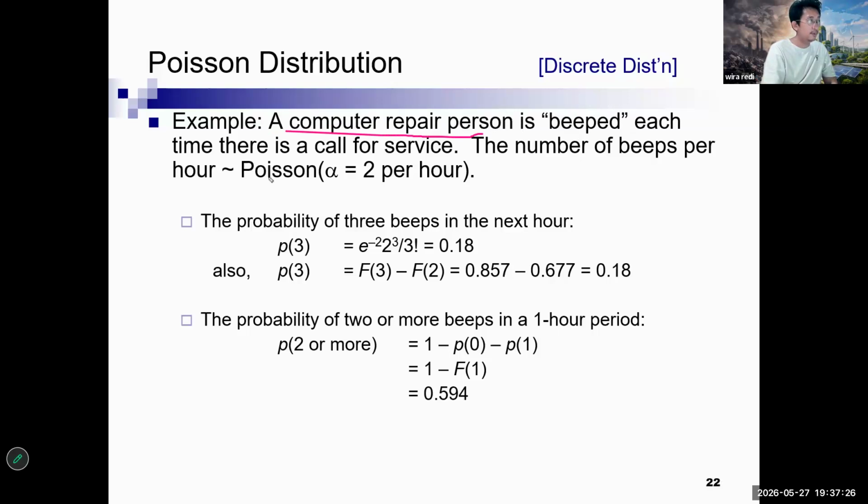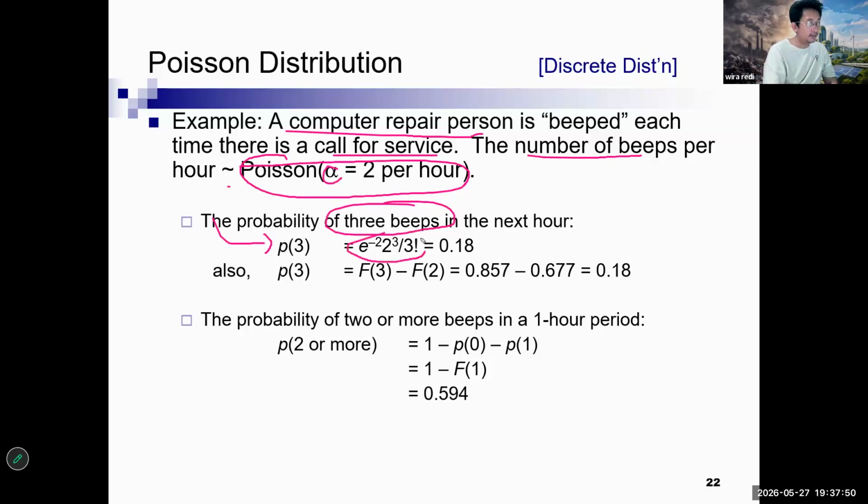Every time there is a call for service, it will beep. The number of beeps per hour is Poisson distributed with alpha equal to 2. You need the probability of 3 beeps in the next hour, so three customers calling.